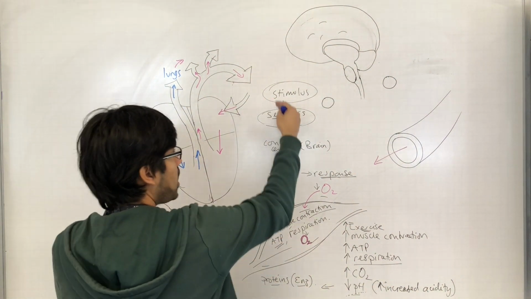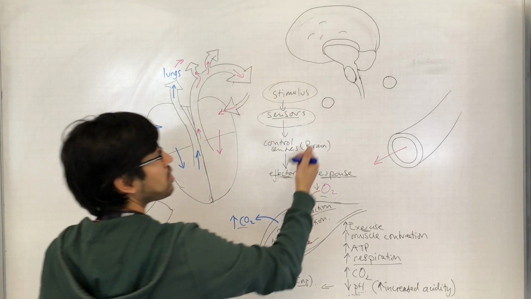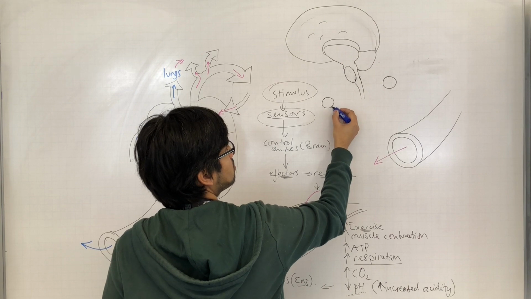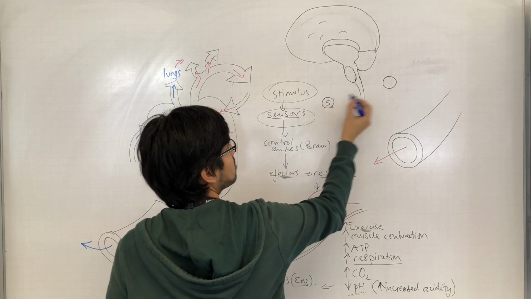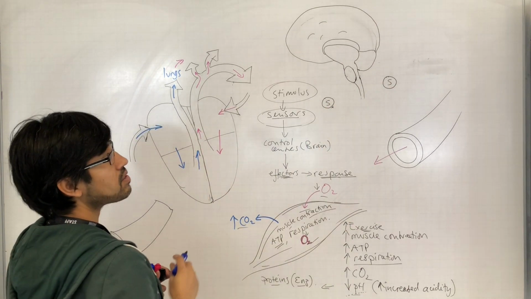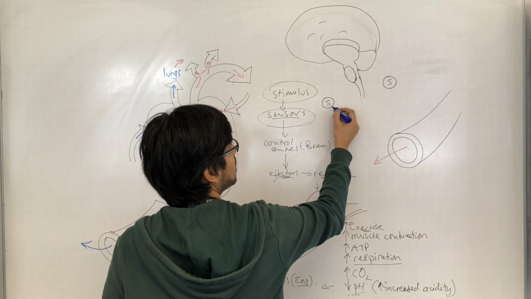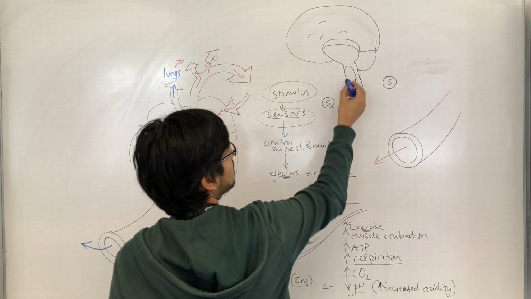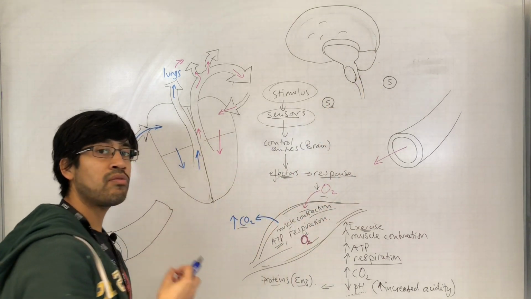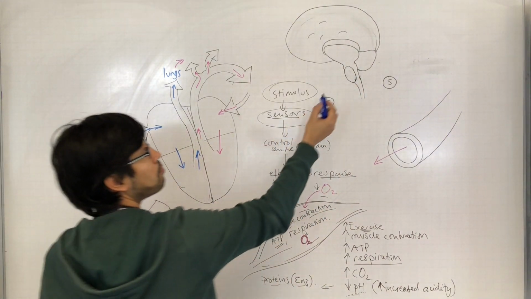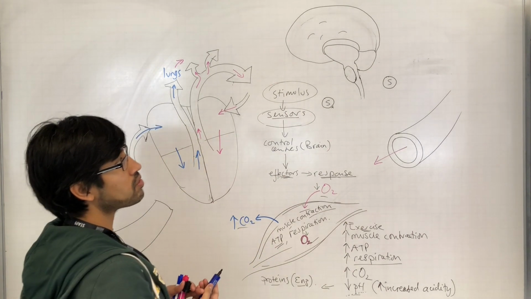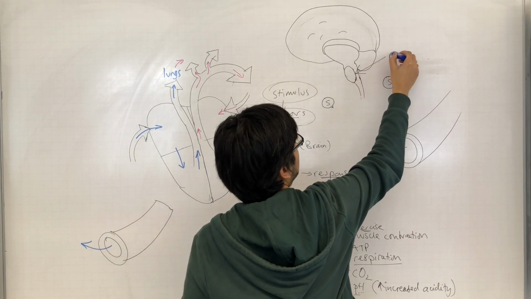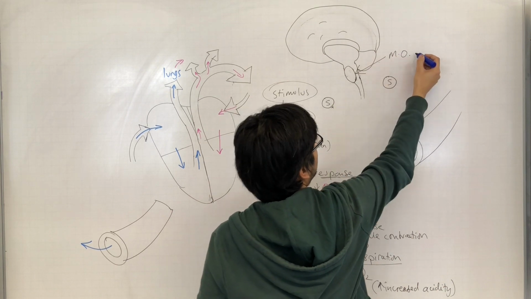Now, the way they communicate with each other is via neural connections. So these sensors will be connected to the control center. In this case, the control center is the cardiovascular control center in the medulla oblongata of the brain.